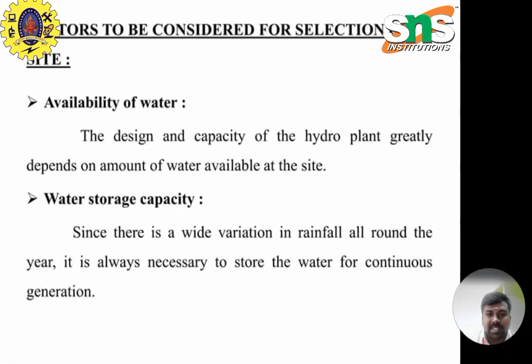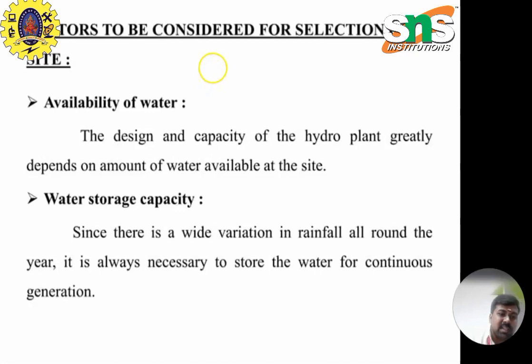The design and the capacity of the hydro power plant greatly depend on the amount of water which is available at this site. Based on the availability of water, as already discussed, the power plant is classified into three types: high head, medium head, and low head power plants.